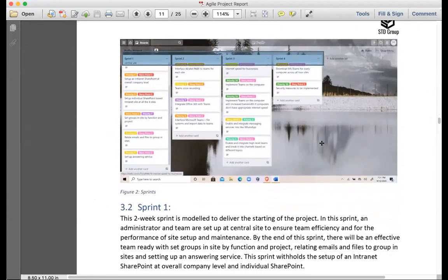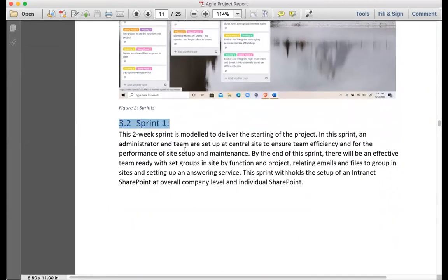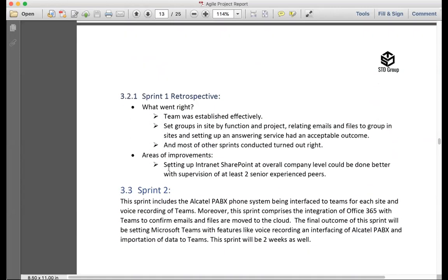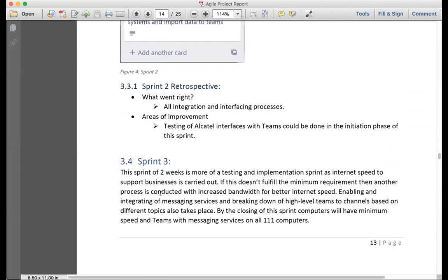I recommend you don't do that. Sprint one, talk about it. You talk about each sprint. You try to write the user story. Sprint retrospective, what went right, what went wrong. Sprint two, you do this for each sprint.